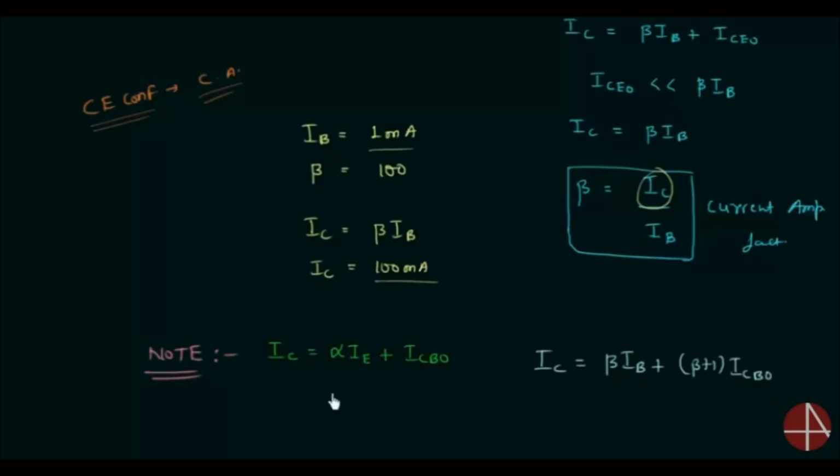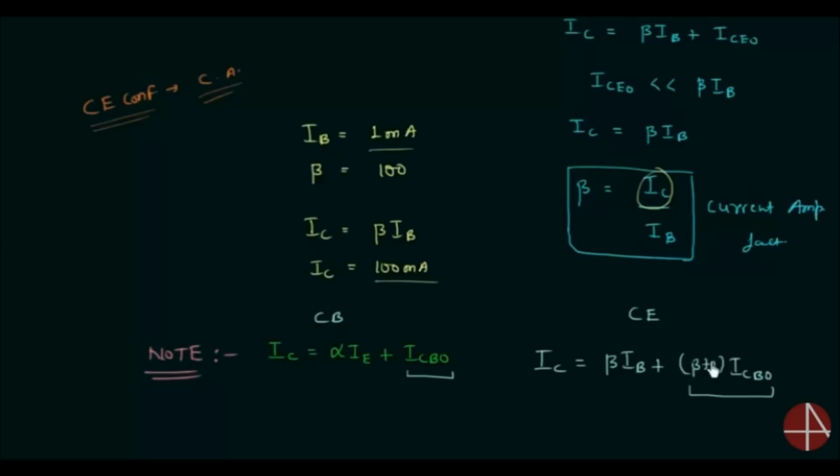If we compare the two equations, we can see the leakage current is having more contribution in case of common emitter configuration, whereas leakage current is having very less contribution in case of common base configuration, because in this case ICBO is multiplied by beta plus 1.